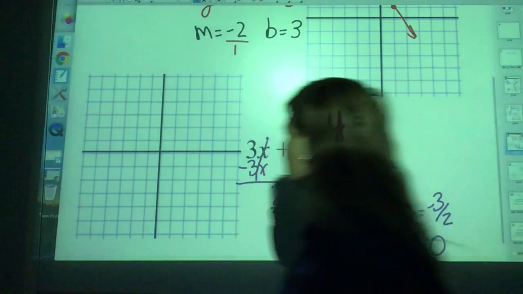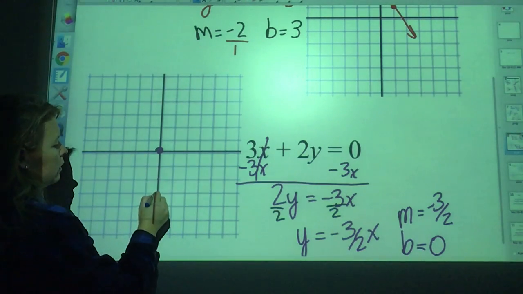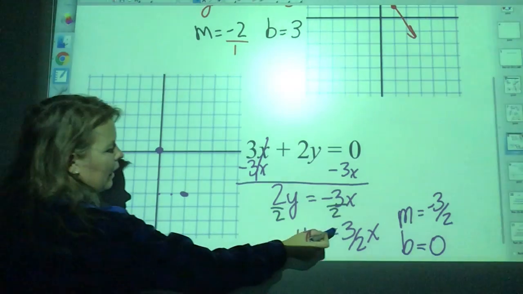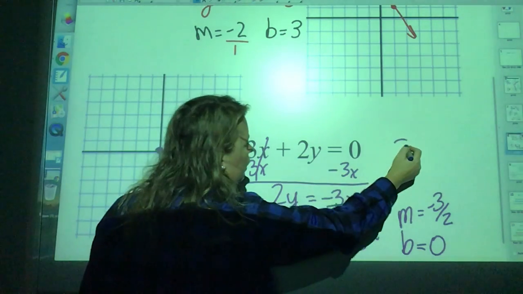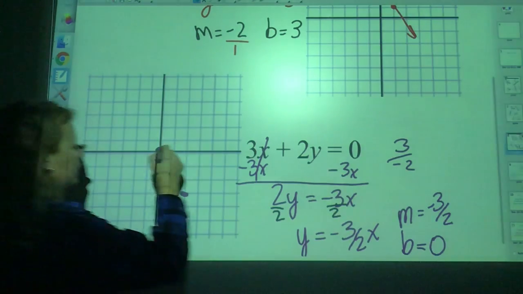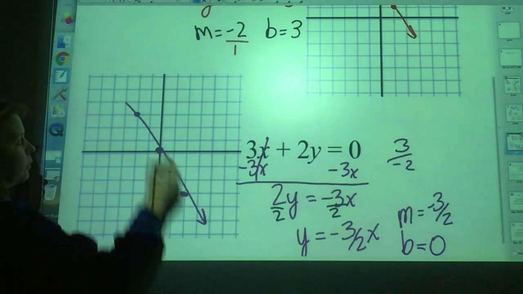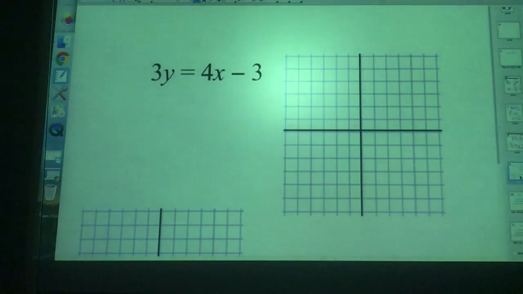It starts at 0. So we start at 0 and go down 3, positive 2. Down 3, positive 2. And remember, before I told you you could also go up 3, left 2. Depends on what you need on your graph, what direction and how much room you have. Okay, pause it again.